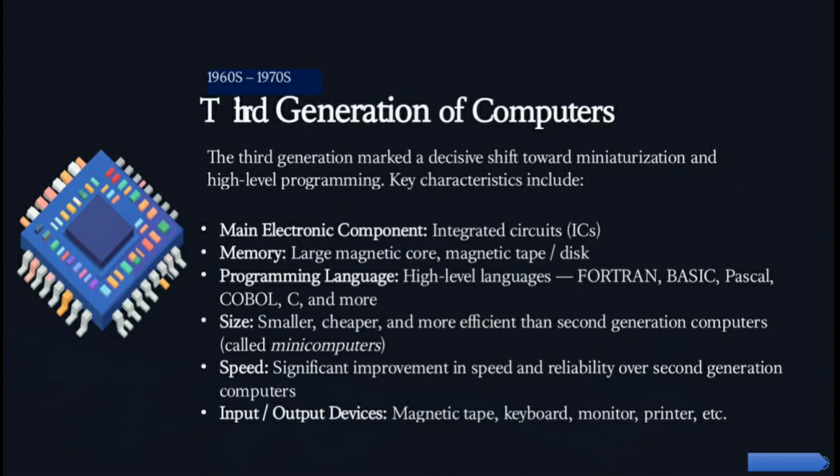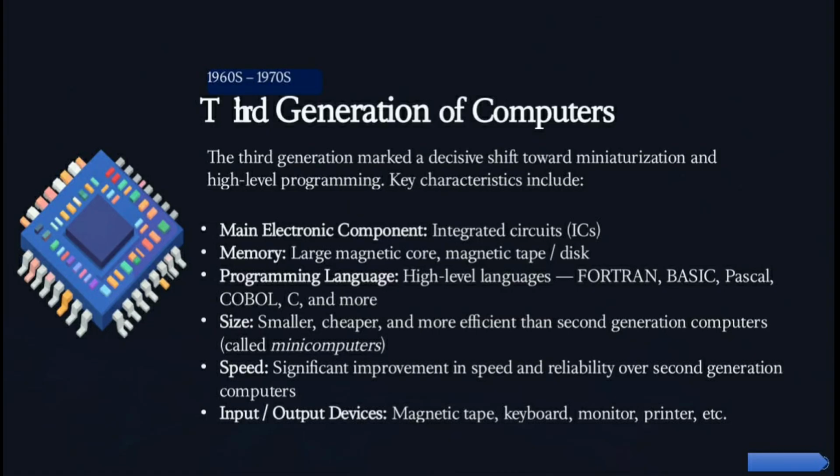And the number 6 is input and output devices. So, lastly, we have the input and output devices. Input devices are used to enter information into a computer, while output devices are used to receive the results. During the third generation, computers used devices such as keyboards, monitors, magnetic tape, and printers.